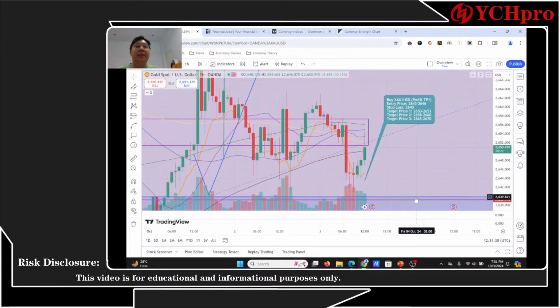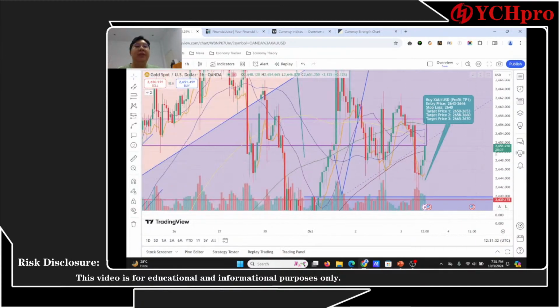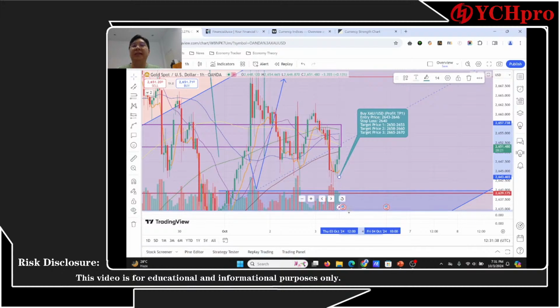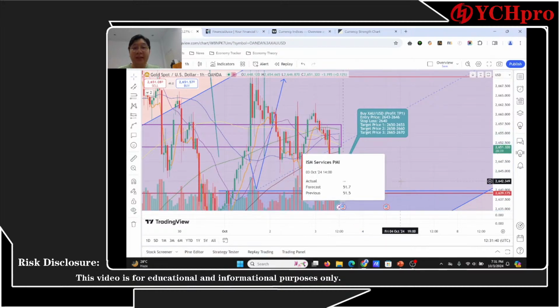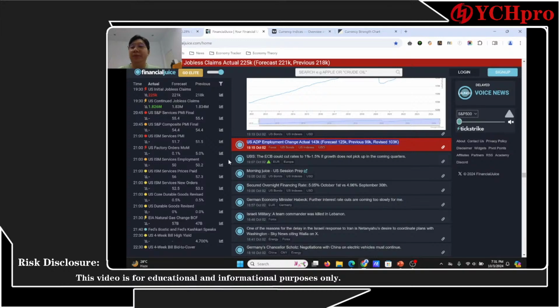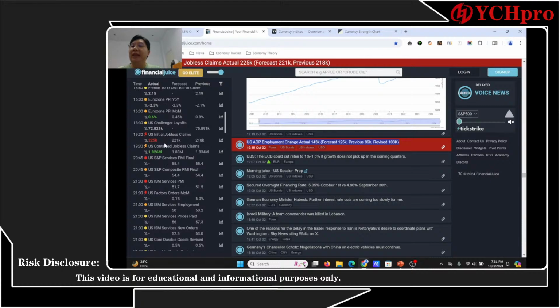Okay, so it's pretty much seen that it could be going higher from the current price action after the release of the initial jobless claims, and I'm not seeing any huge surprises occurring right now. So that means the data has been quite positive, and actually it's kind of negative, honestly speaking.